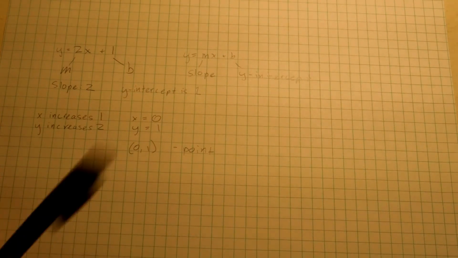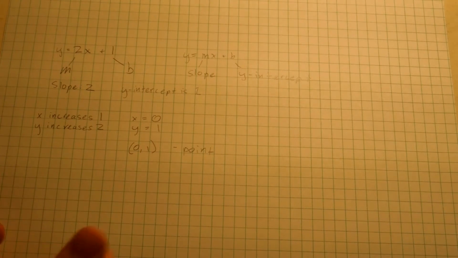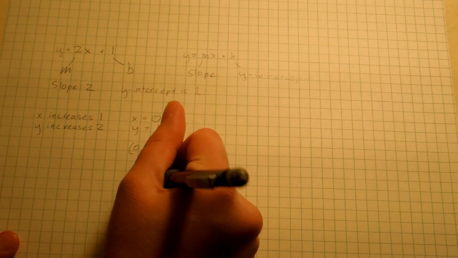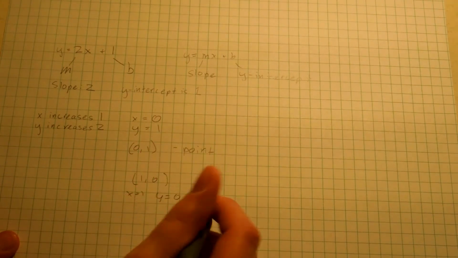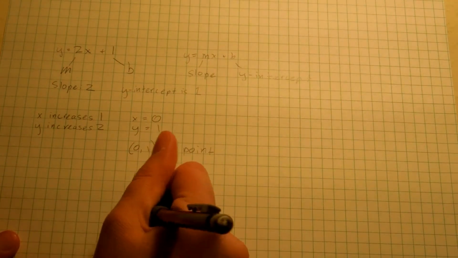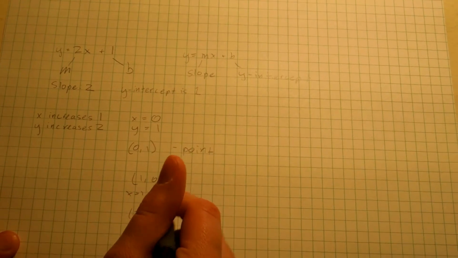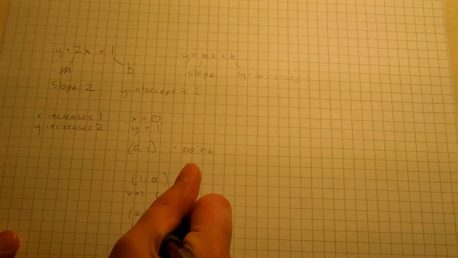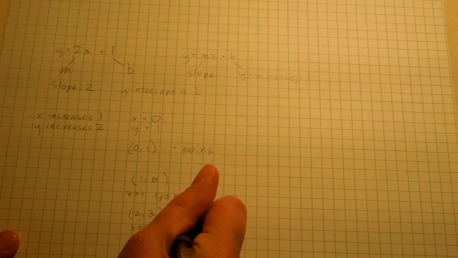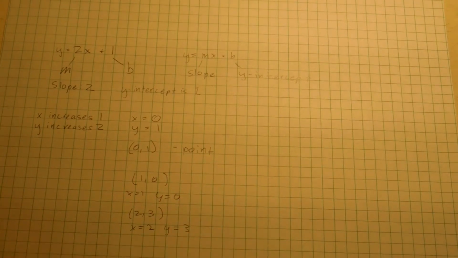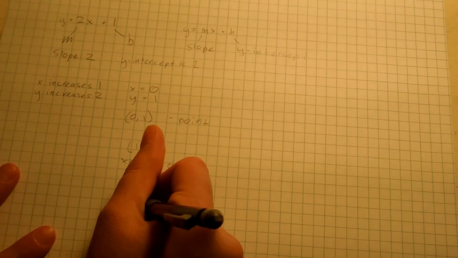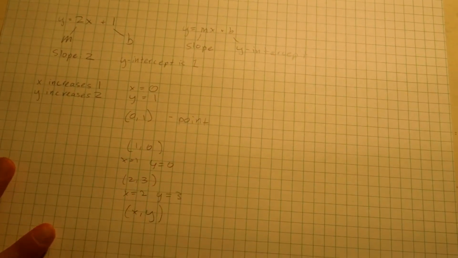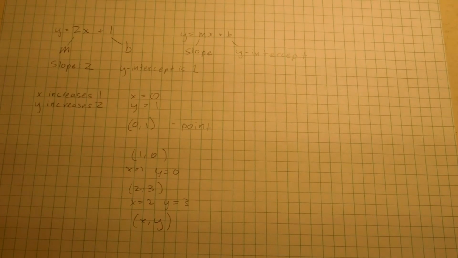For example, if I wrote (1, 0), that means x equals 1 and y equals 0, or (2, 3), x equals 2 and y equals 3. You always see points that look like this, (x, y). So we found the slope and the y-intercept of an equation.